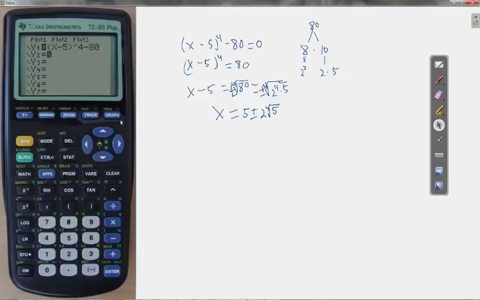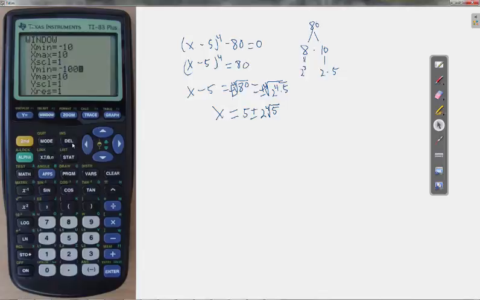Alright, if you want you can look at the graph. Alright, that's pretty vertical. So I think I'm actually going to change my window a little bit. I'm going to drop the bottom. So I'm going to drop it, say, to negative, let's go negative 100.